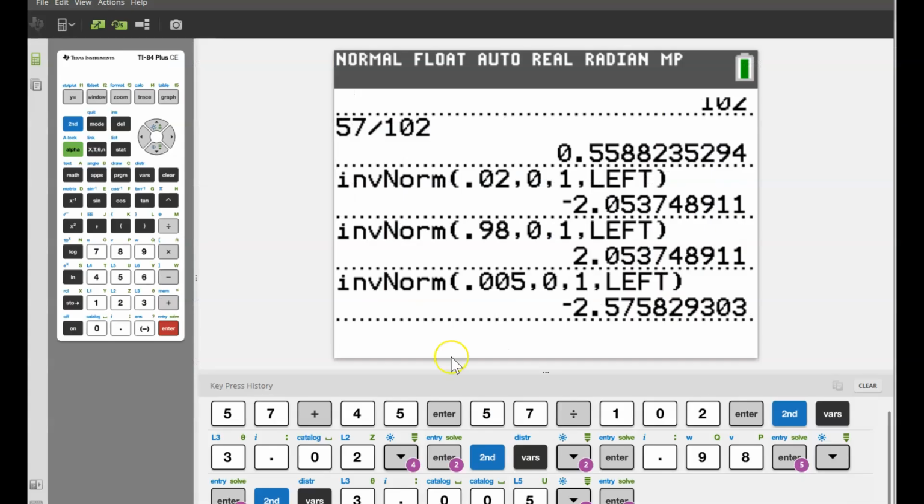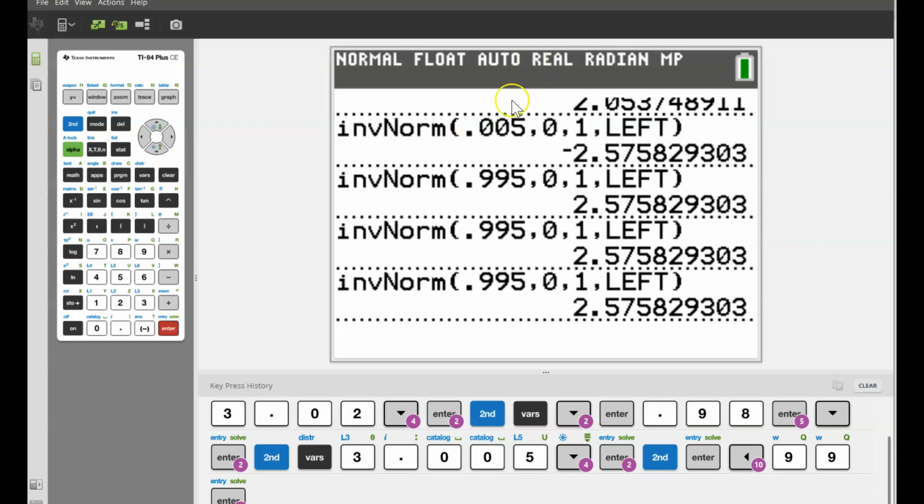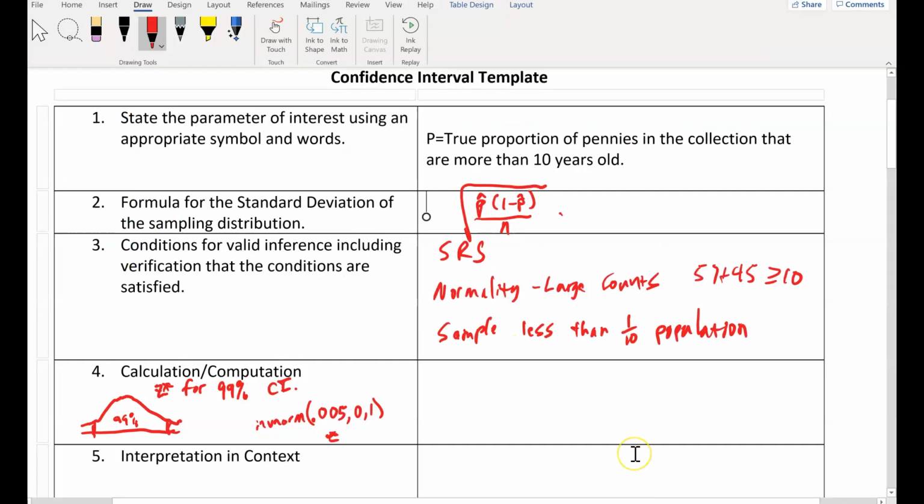If I had inverse normed the positive version, that would be 0.995, since I have the 99 in the interval and then another 0.5 in the tail. There's our 2.576 as well. So you get negative 2.576 or 2.576. So why am I bringing that up? That's how I'm going to compute my interval.